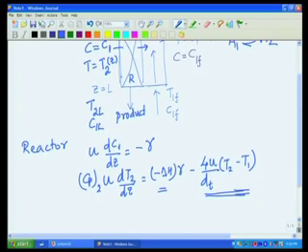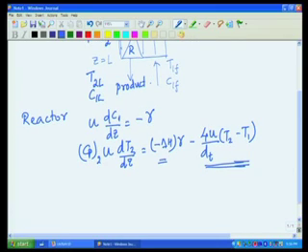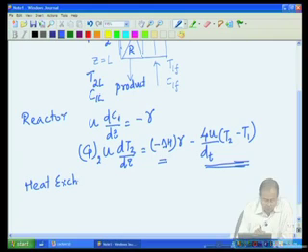Okay. Now let us write a similar balance for my heat exchanger.